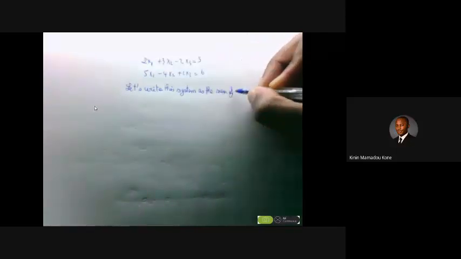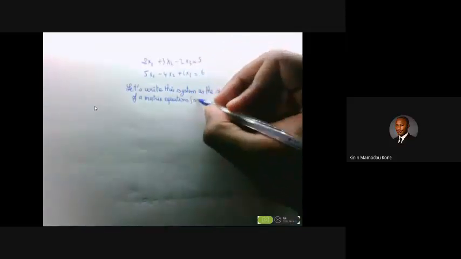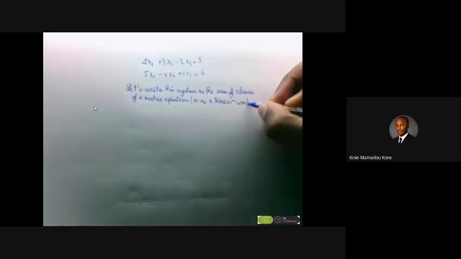What we want is to write this system as the sum of columns of a matrix equation, or as a linear combination of column vectors.